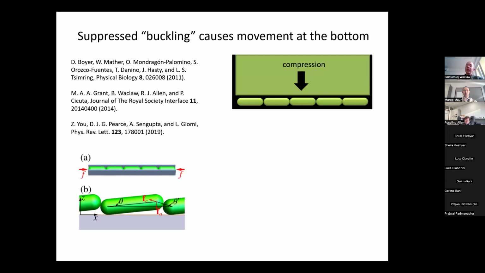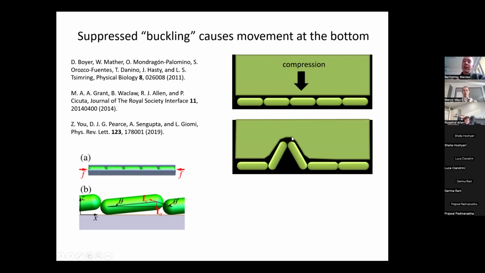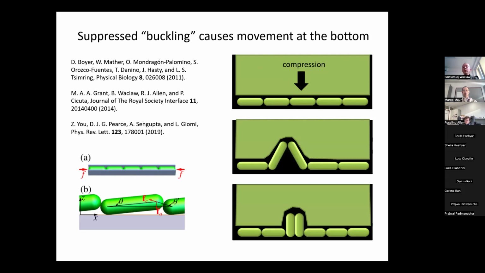So it will be something like this. Even though there is this alignment initially and some compression coming from the growing biofilm, some bacteria will pop out due to growth and this buckling phenomenon, and they will change their orientation.